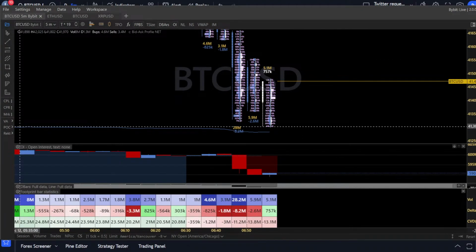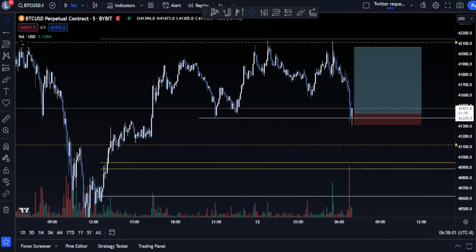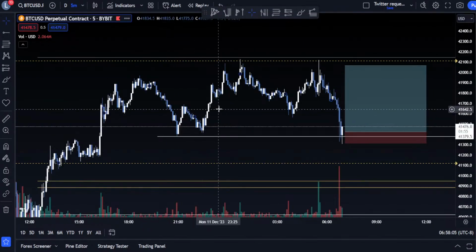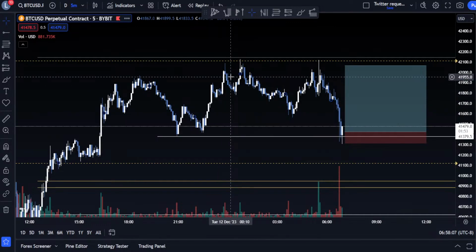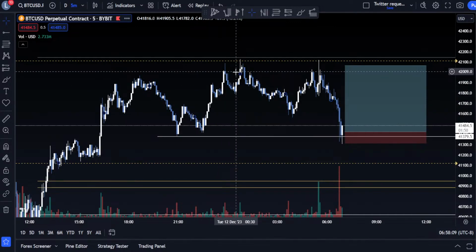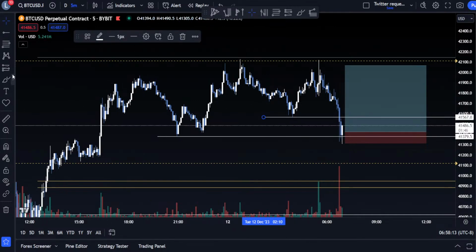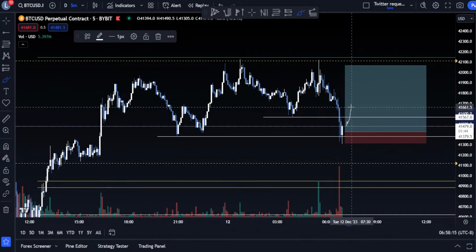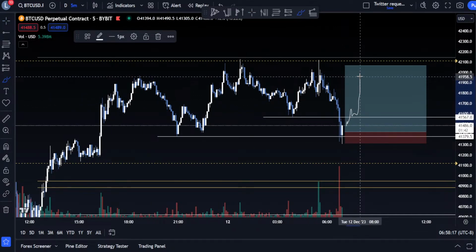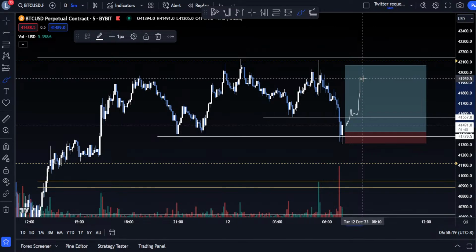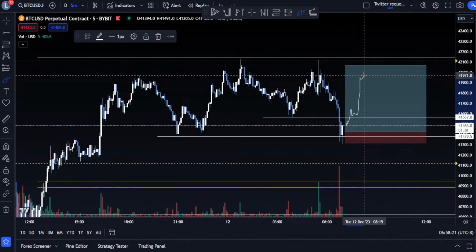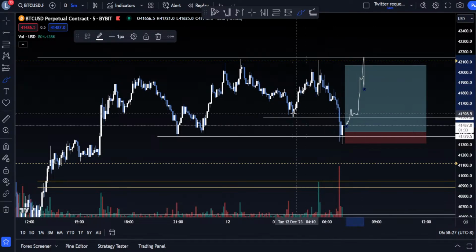I mean, it's structurally a nice setup, and order flow does support the idea. We have a new 1 hour candle in 2 minutes. Local resistance here.